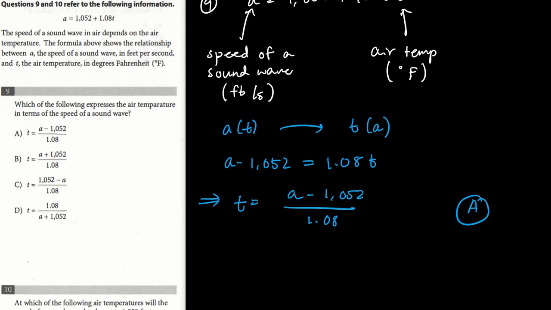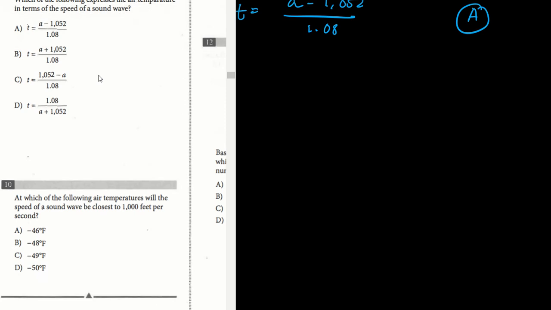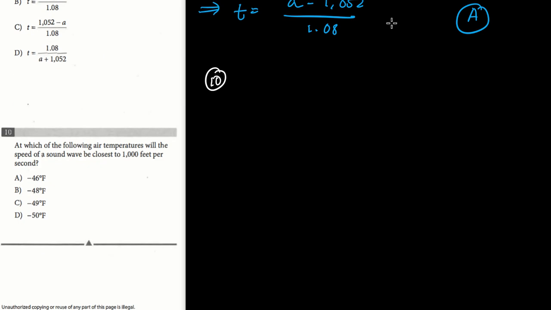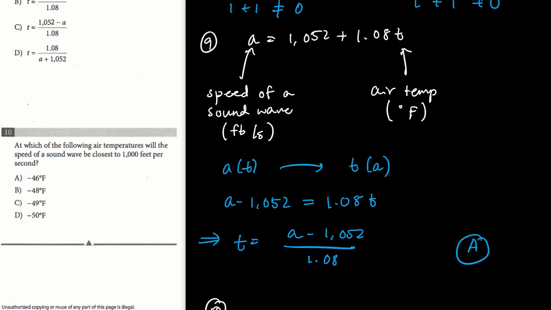Okay, so now let's move on to problem number 10. In problem 10, we're asked, at which of the following air temperatures will the speed of a sound wave be closest to 1,000 feet per second? Remember, we have the relation. So we're basically asked, for what value of t is A going to be 1,000?